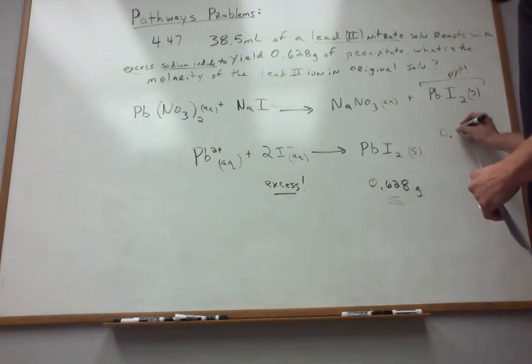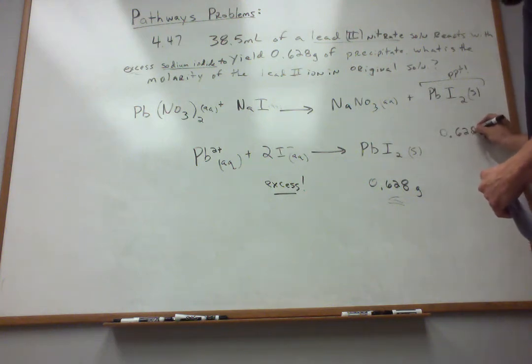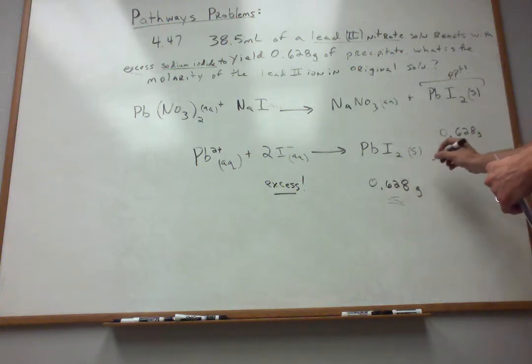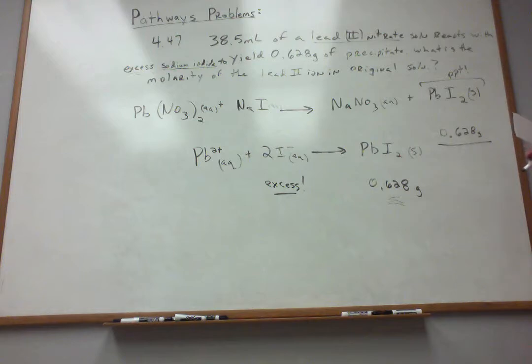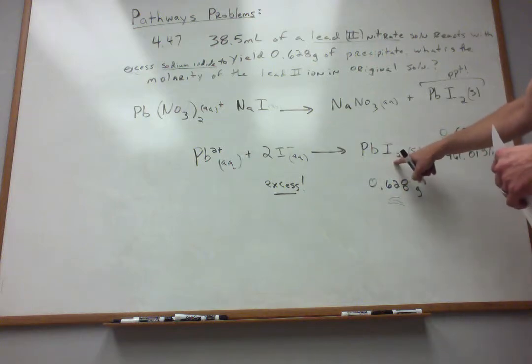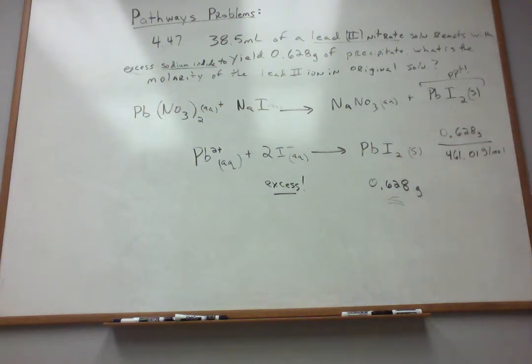I could take my 0.628 grams of this material and convert it to moles. I'm going to do that by dividing by 461.01 grams per mole. The reason why I'm dividing by that number is that's the molar mass of my lead iodide solid. It has a pretty hefty molar mass, right? Because lead and iodine both are pretty heavy atoms on a molar basis, okay?